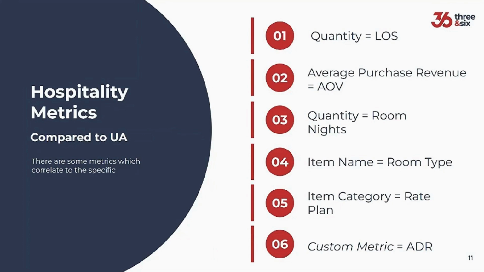So what we recommend is creating a custom metric for that, either through Google Tag Manager, so the custom metric will be passing through the ADR to Google Analytics 4, or if you're using a tool like Looker Studio or a reporting tool, you can create ADR that way, just by dividing the two metrics that bring ADR together. So those are the hospitality metrics.